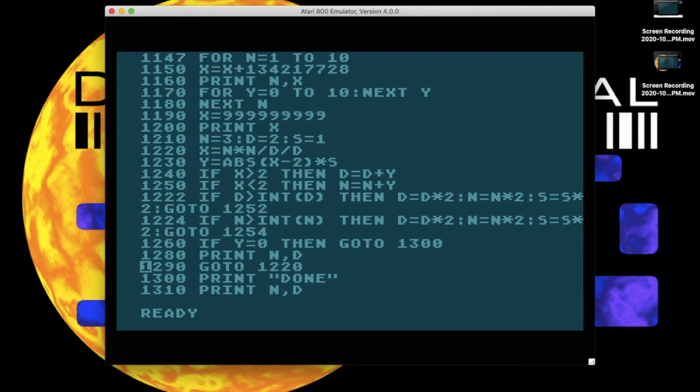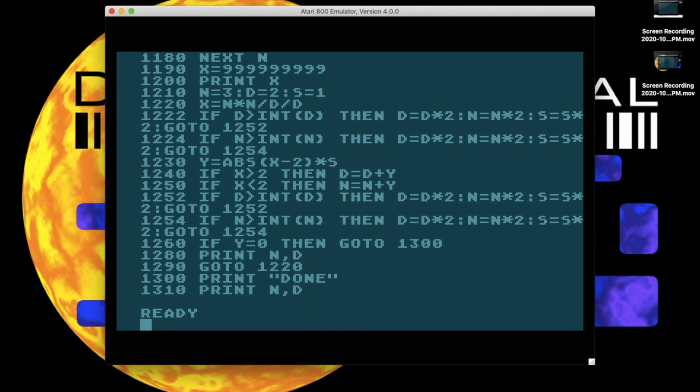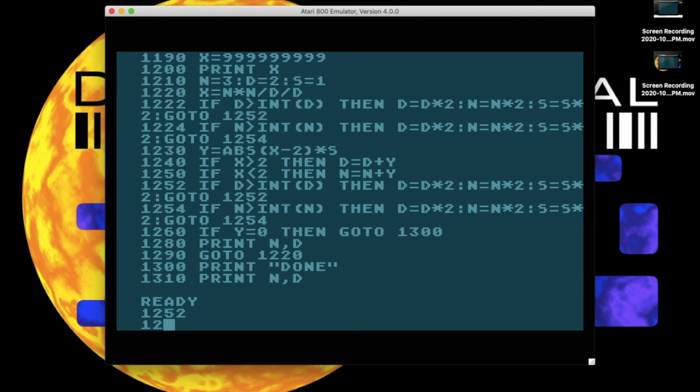And now we have to fix the 2 lines we moved. So 1252, 1254.